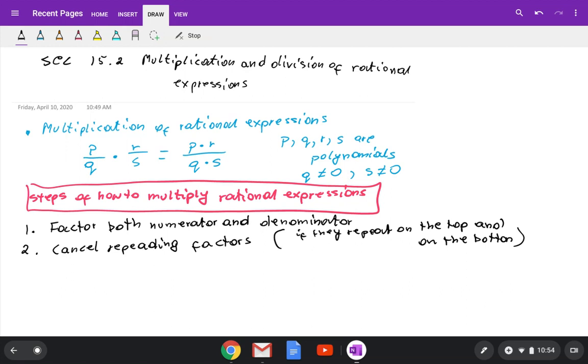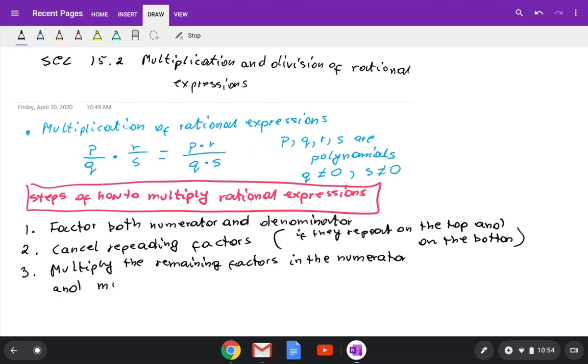Okay, and the last step will be multiply the remaining factors in the numerator and multiply the remaining factors in the denominator.